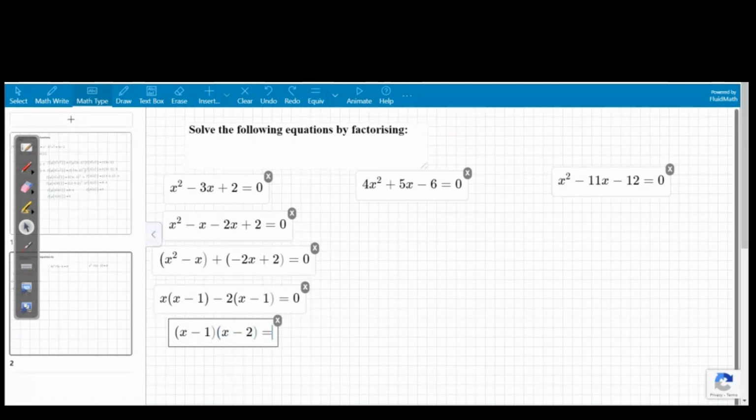This equals 0. At this juncture, we have x minus 1 multiplying x minus 2 equals 0.